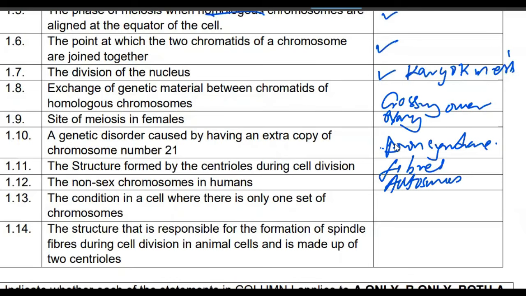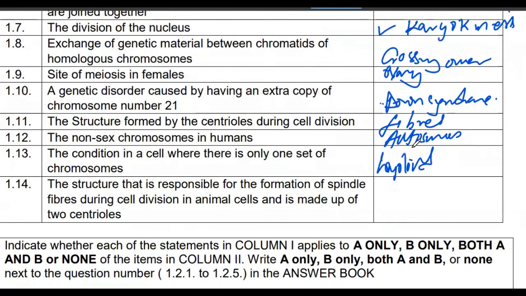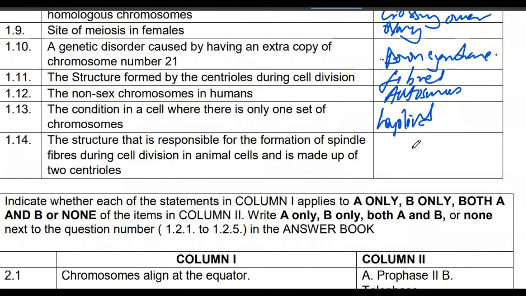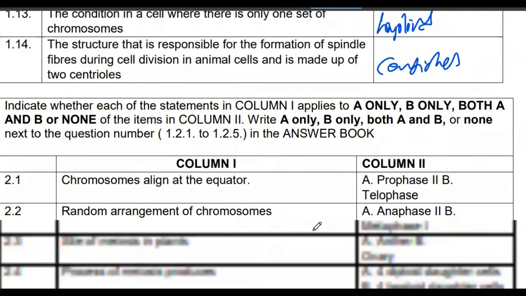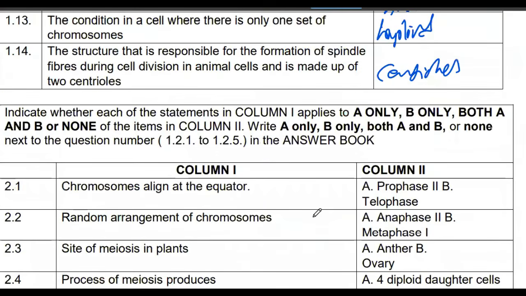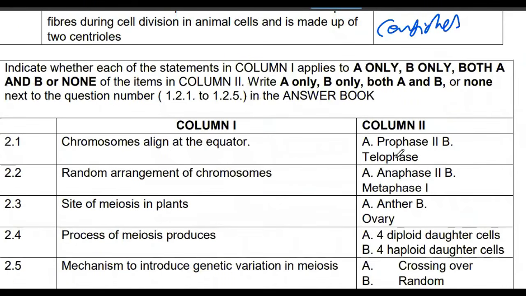The condition in the cell where there is only one set of chromosomes, how do you call that condition? We call that condition haploid. The structure that is responsible for formation of the spindle fibers is called the centrioles. Then, chromosomes aligned along the equator, none, because here it must be metaphase.